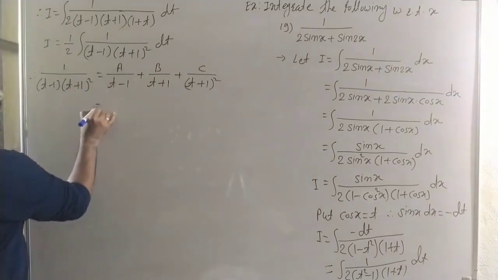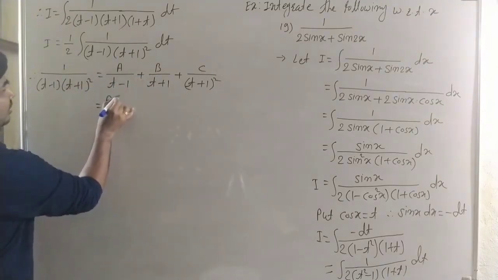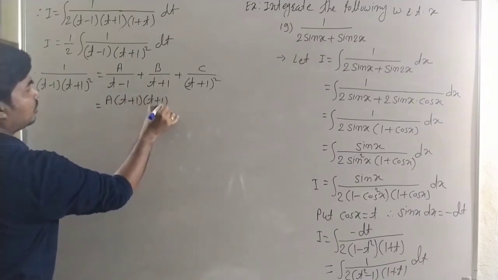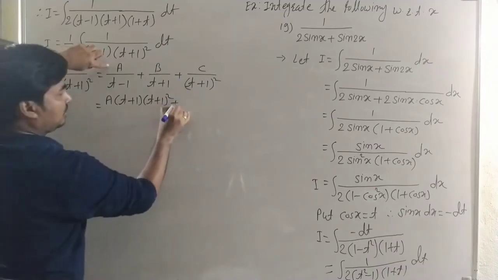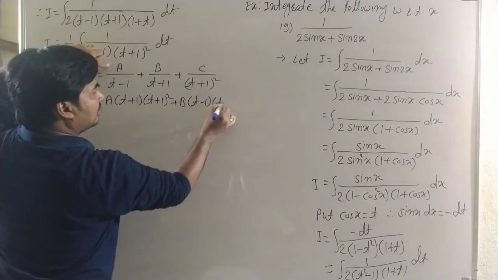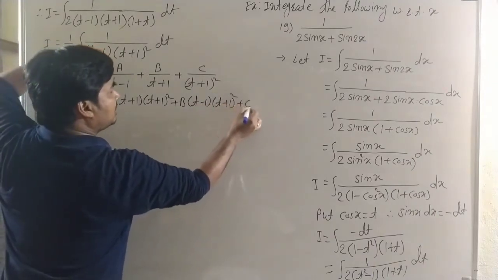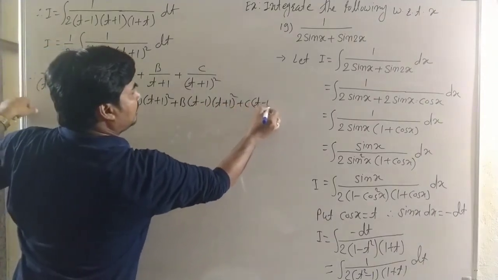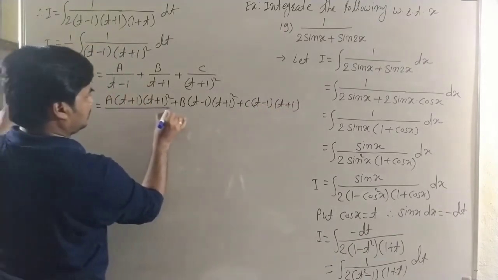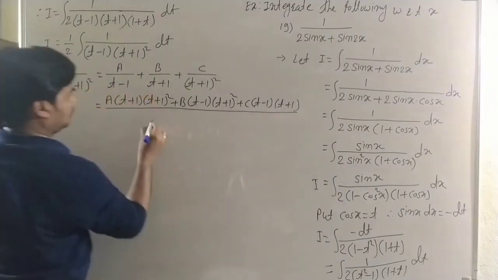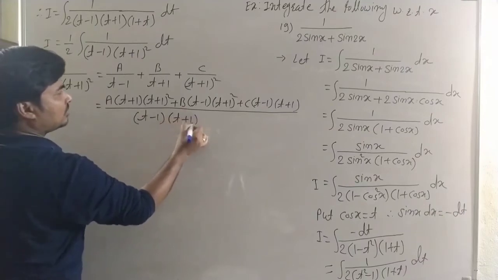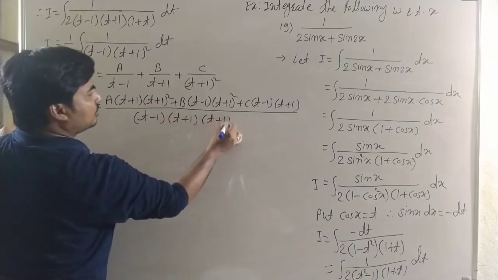Now this can be written as a into t plus 1 whole square, plus b into t minus 1 t plus 1, plus c into t minus 1, upon t minus 1 into t plus 1 whole square.